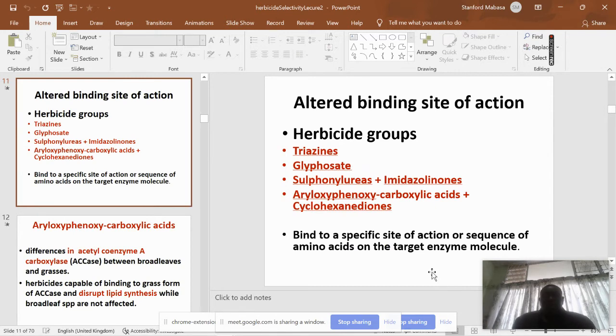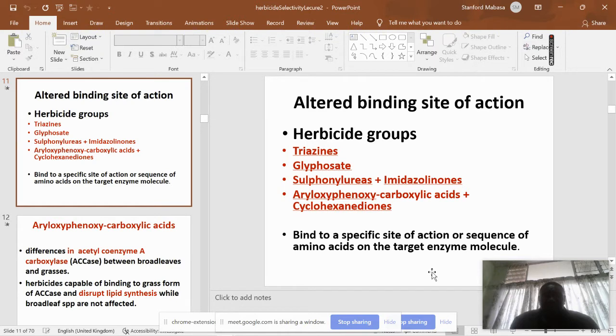So the herbicide groups which are vulnerable to the binding action of enzymes are the triazines, glyphosate, sulfonylureas plus imidazolinones, allyloxyphenoxycarboxylic acids plus cyclohexene-diones.